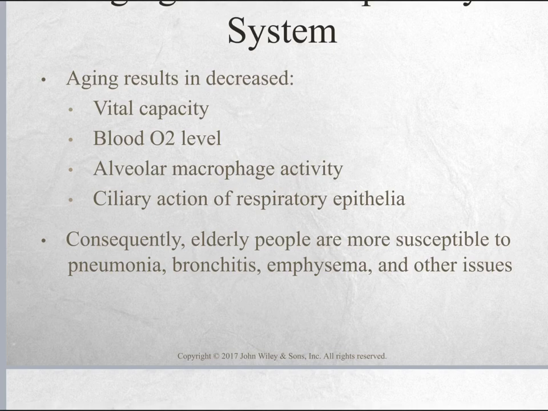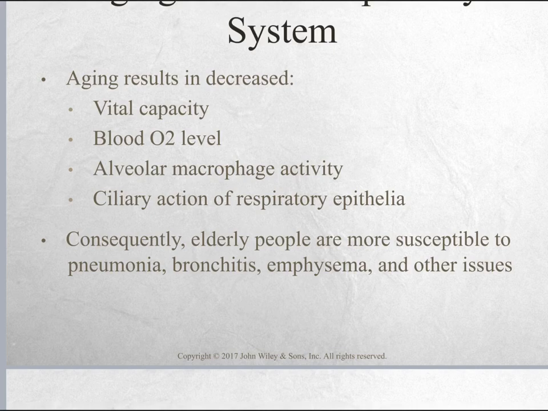The next slide we look at is aging. So when we discuss aging in the respiratory system, we have to talk about what happens as we get older, and this seems to be a common thread with all our systems. As we get older, our respiratory system decreases in its functionality, its ability to function properly. So what happens? As we get older, compliance decreases.